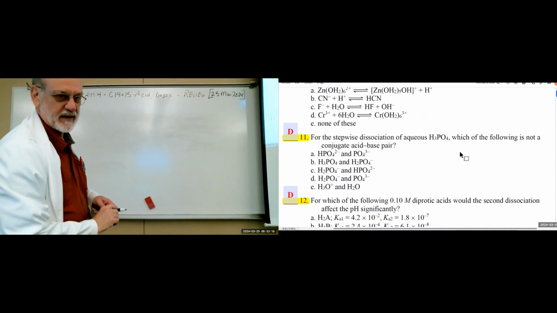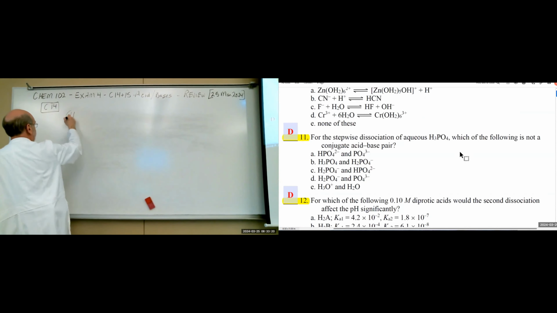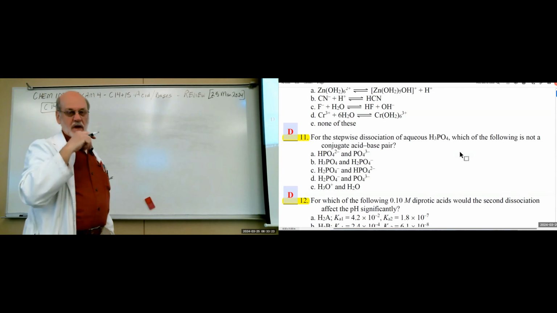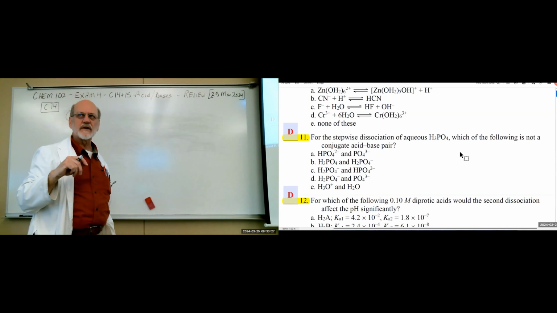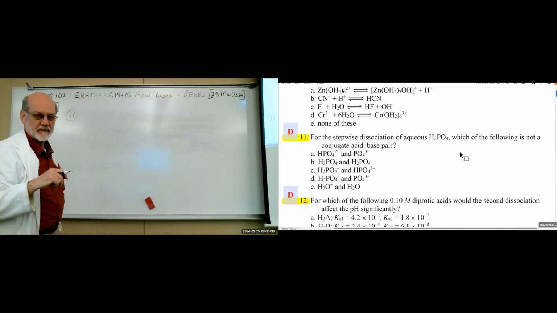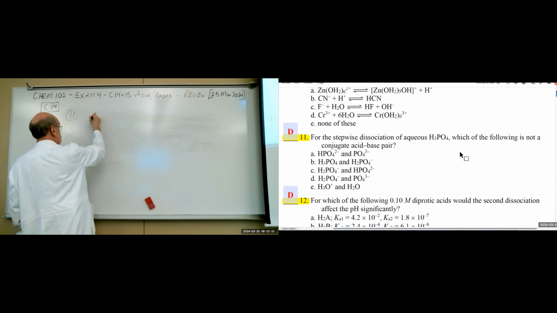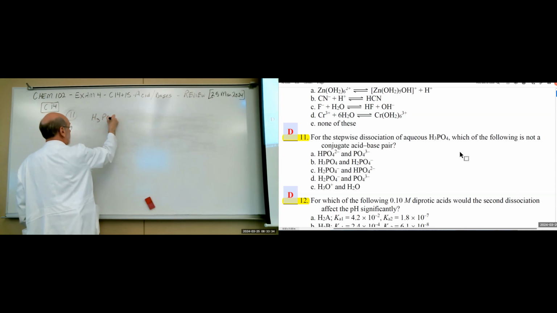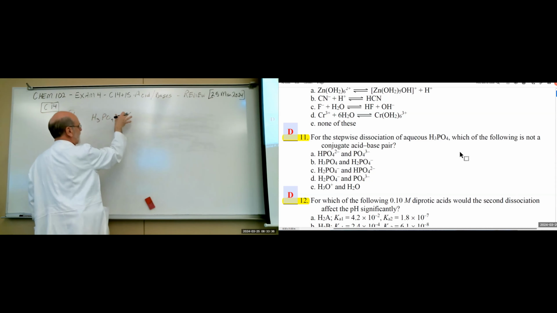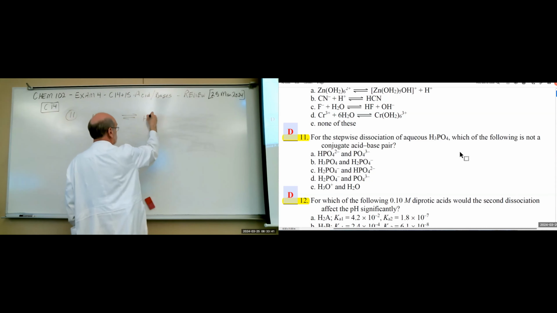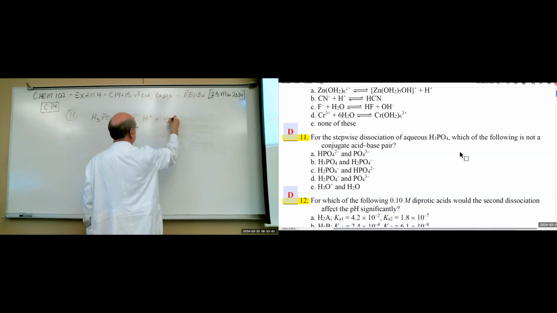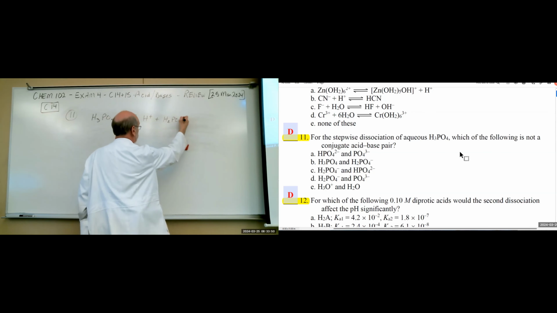How about number 11? For the stepwise dissociation of aqueous H3PO4, which of the following is not a conjugate acid-base pair? These are all aqueous, so I'm going to leave aqueous out. The first dissociation gives H2PO4 minus.